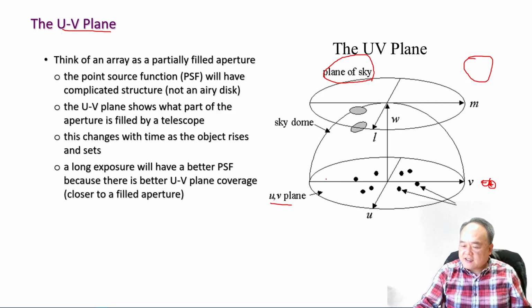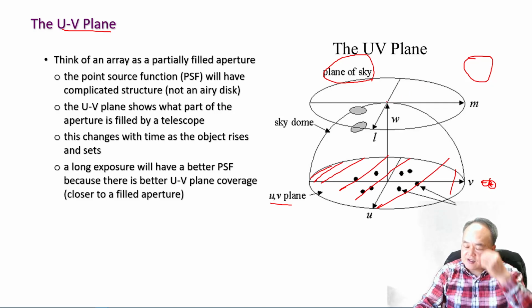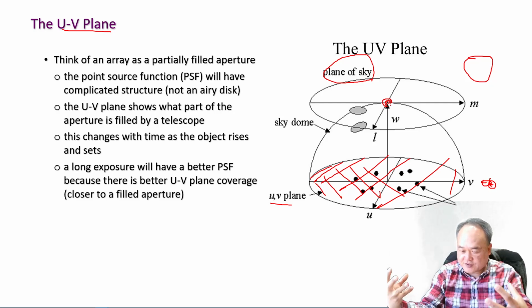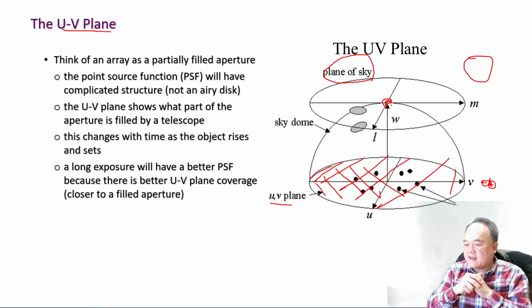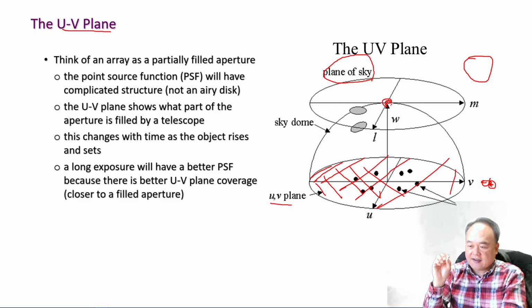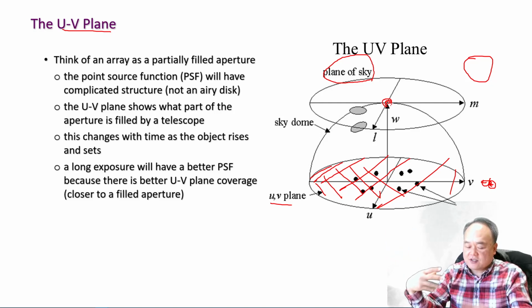So in a sense, if the UV plane is 100% covered, then in the real 2D images we will see the perfect Airy pattern. The larger the coverage in the UV plane, the fuller, more fully sampled point spread function we get in the real sky domain. So the UV plane coverage will dictate how reliable our final image construction can be.